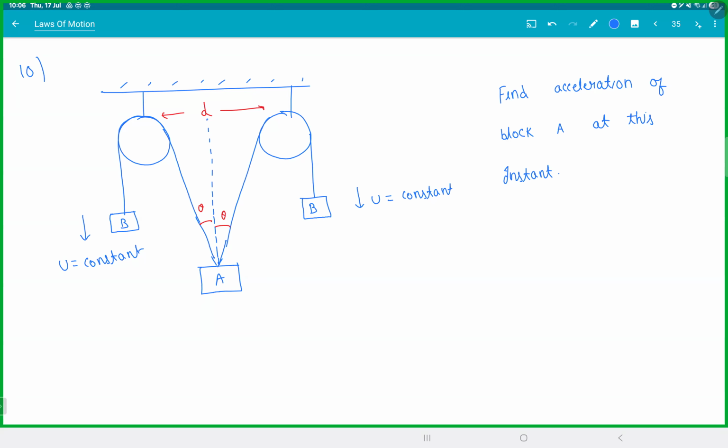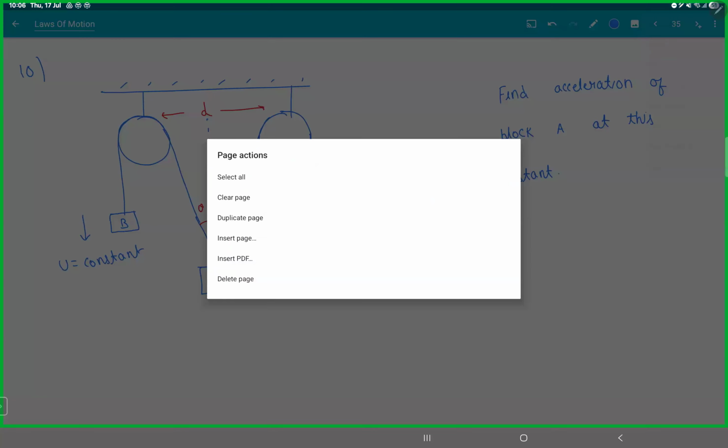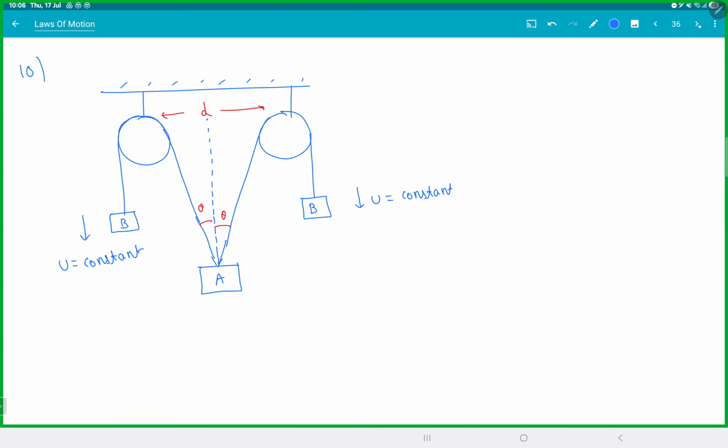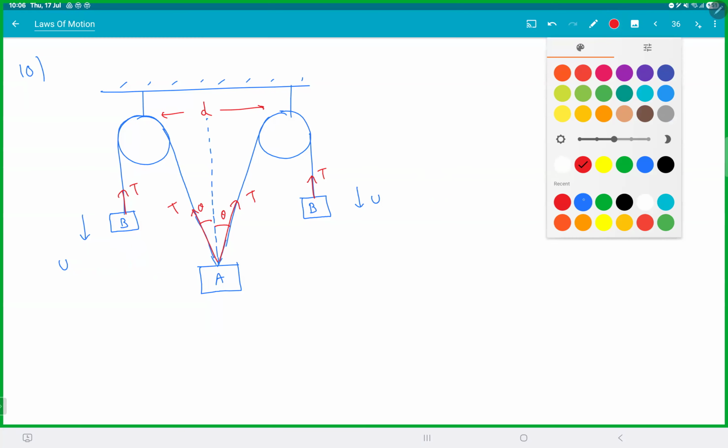Let's see. First, let's get the velocity part, which everyone must have got. Let this be tension T. This is tension and this is tension. There are total 3 blocks, so total power has to be 0.